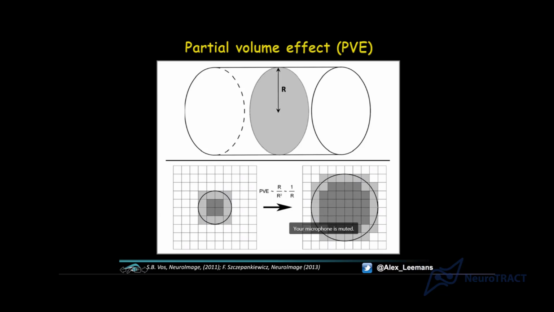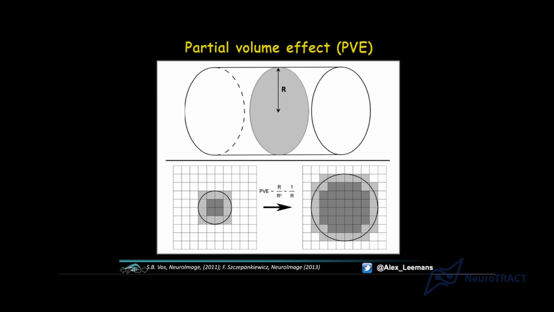We know the circumference of a circle is 2πr, and the surface is πr squared. In any case, it scales with 1 over r. So the bigger the radius, the smaller the effect of partial volume affected voxels.